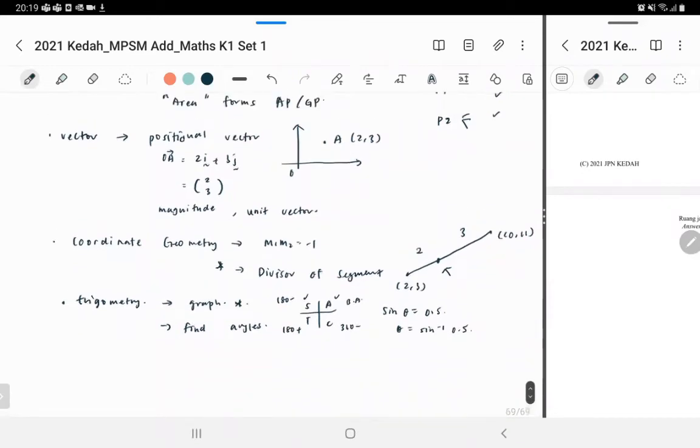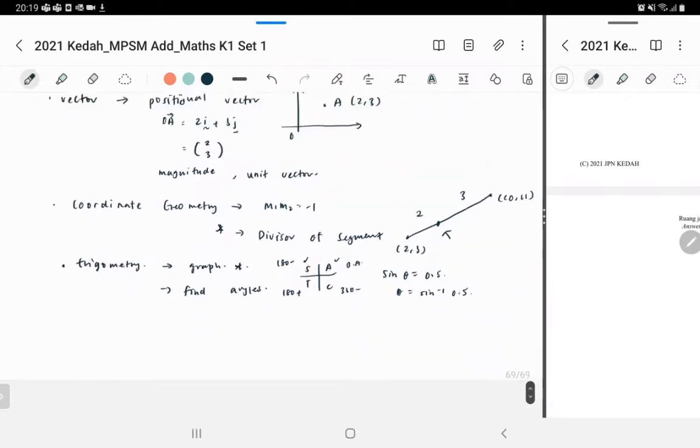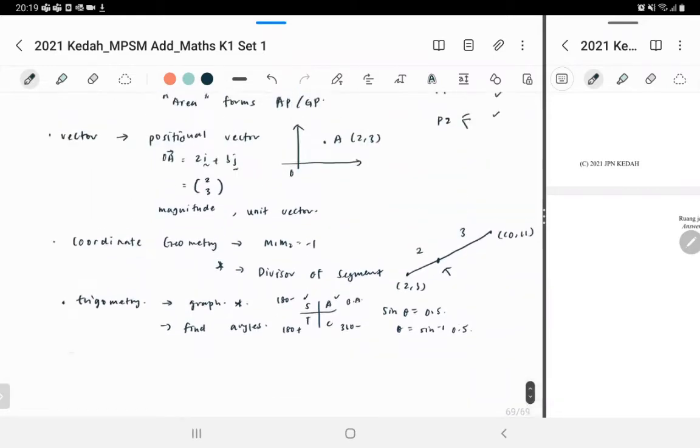Next part is the Form 5 topics, circular measure, the first chapter, about s equals r theta, and also the area of the sector. So area equals 1/2 r squared theta. These questions might be related to trigonometry, or to progressions, AP and GP.